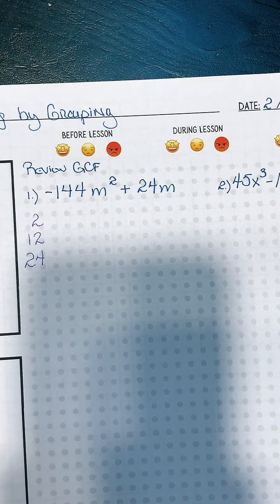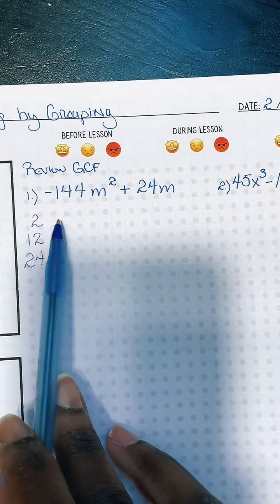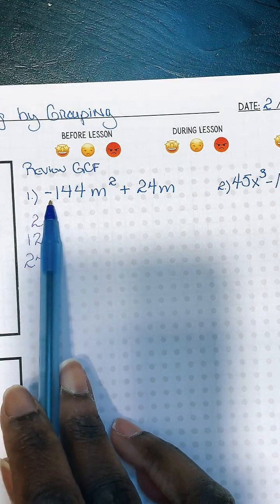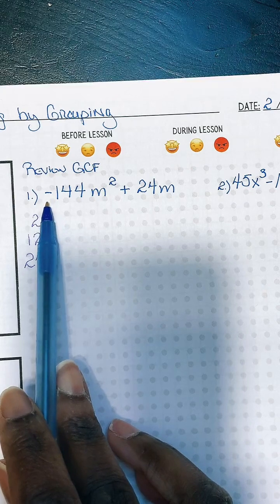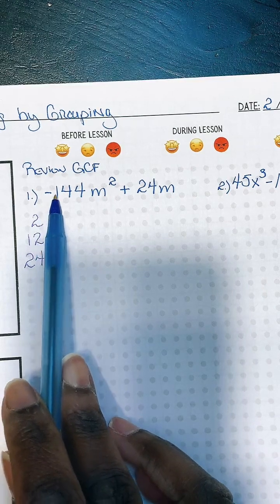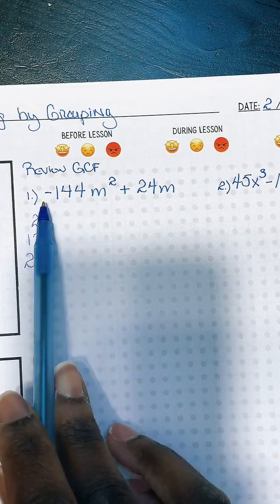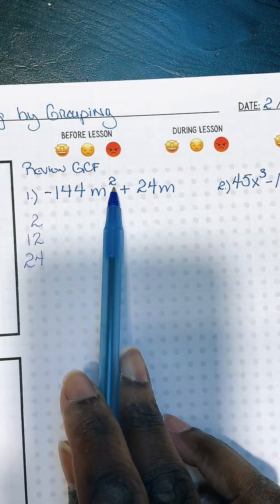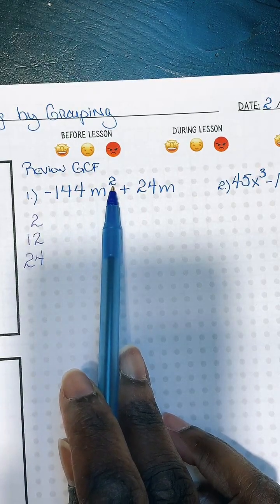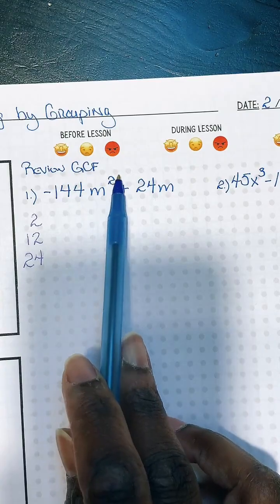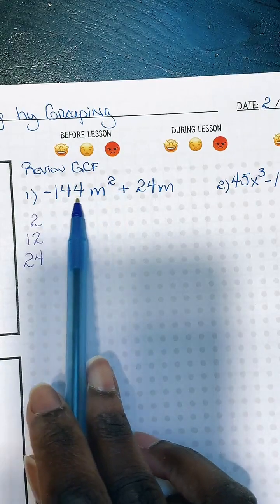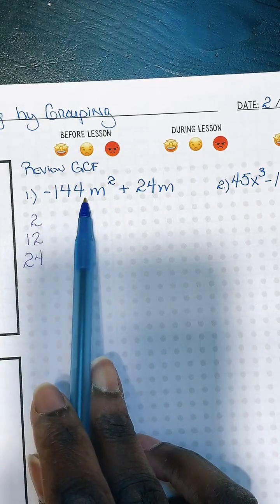Now also taking a look, our leading coefficient is negative. How do I know this is my leading coefficient? Because it has the highest degree. Anything that gives me the highest exponent, its coefficient will be my leading coefficient.